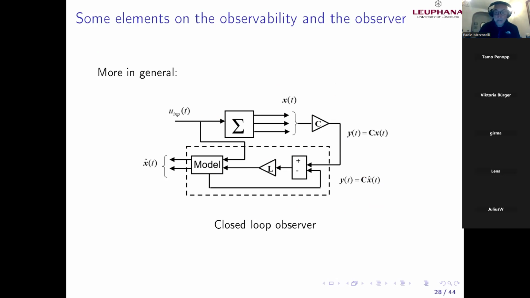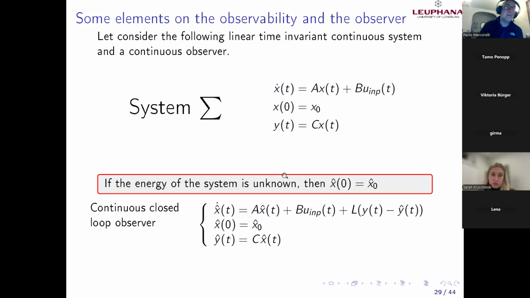The hat is the observation, when I select from the observer vector exactly what I need in order to compare. The idea is to correct the dynamics through L, which must be designed, using the error between what I am measuring and what I am observing. This means we have two inputs in the observer, this here and this here.